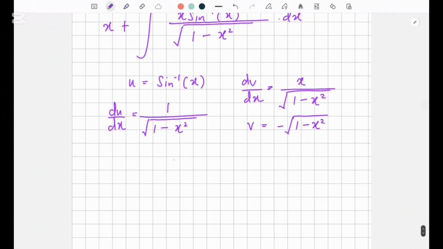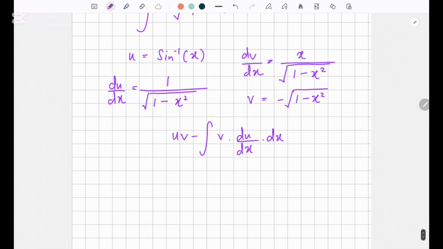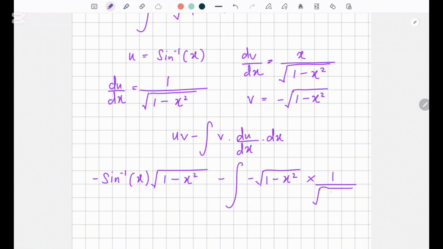So you use your formula again. I'll write the formula again so that you guys don't have to pause the video and go all the way back. So this is the formula. So now it's sine inverse x into minus root 1 minus x squared, minus v, which is minus root 1 minus x squared, into du over dx, which is 1 over root 1 minus x squared dx.